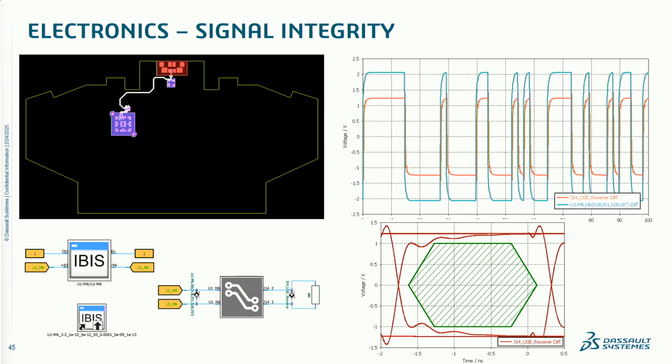For signal integrity, again, I mentioned that was all about making sure the signal that's received is the same signal that we sent. And there's various ways to do that. This is a USB 2 signal that we're looking at here. And to start with, how do we actually get the USB 2 signal in there? Well, we support what we call IBIS files. IBIS files simulate the performance of integrated circuits.